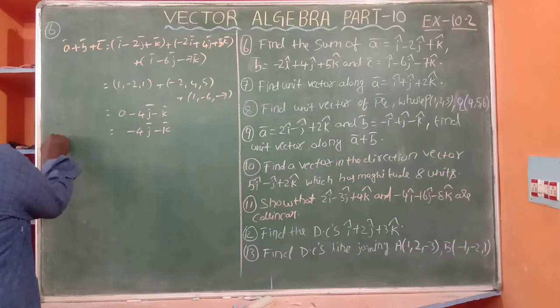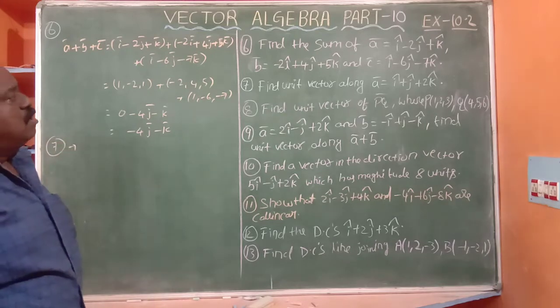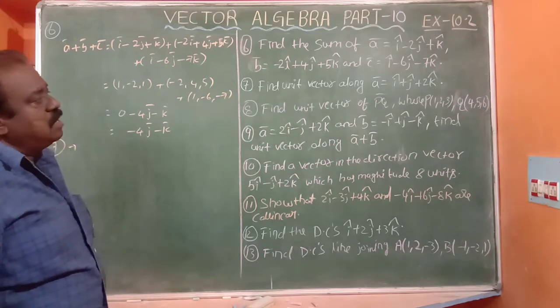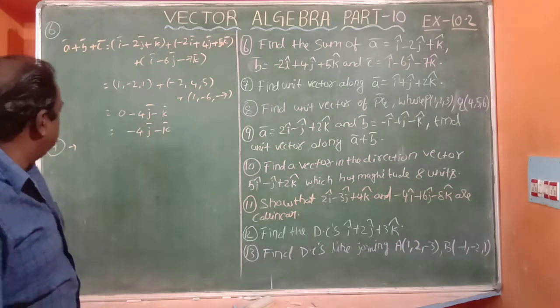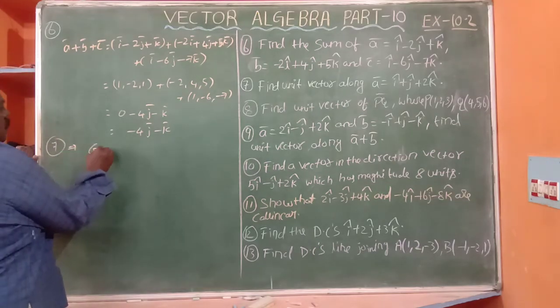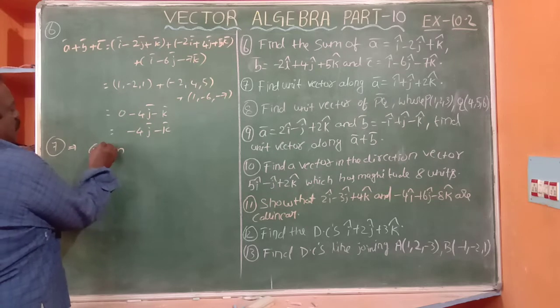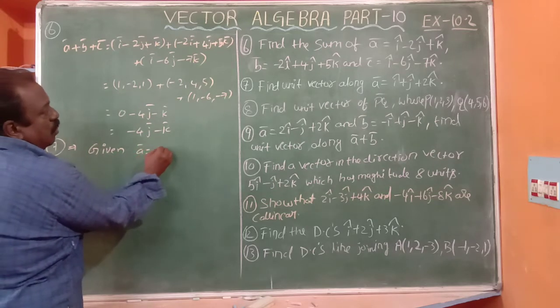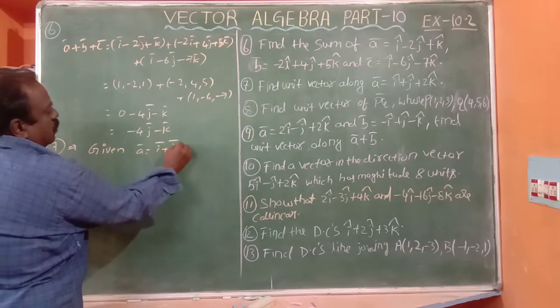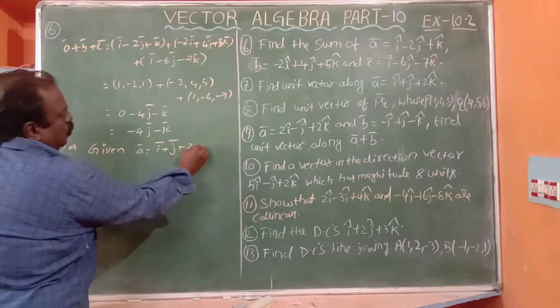Next, seventh one. Find the unit vector along A bar. Here we are given A bar is equal to i plus j plus 2k.